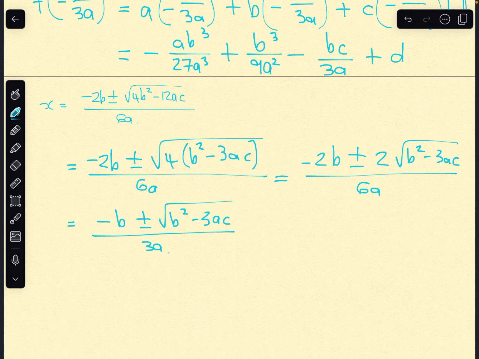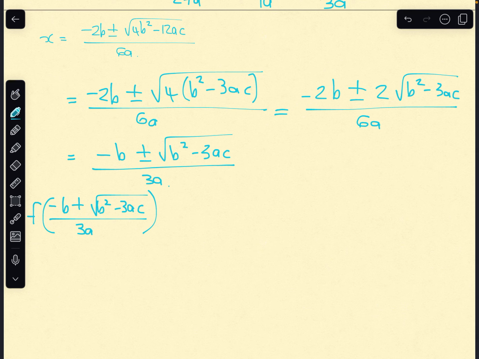Okay, so now we want to figure out f of minus b plus this, and f of minus b minus this.